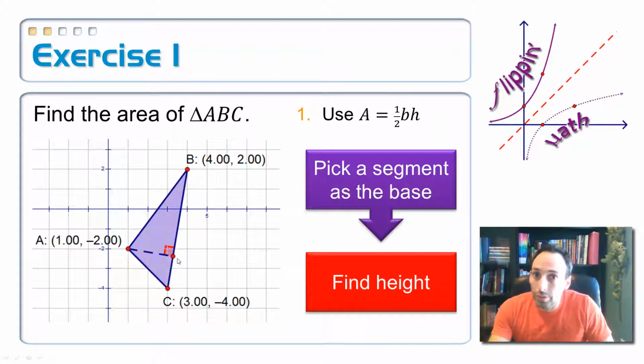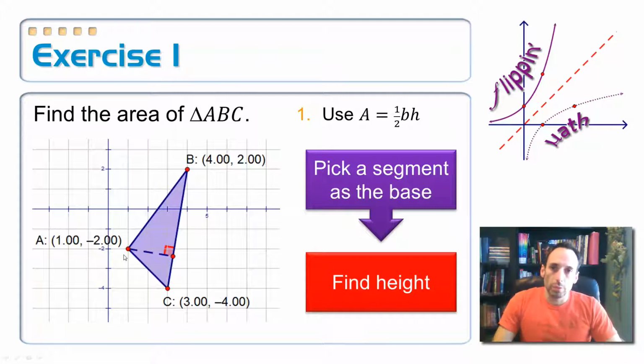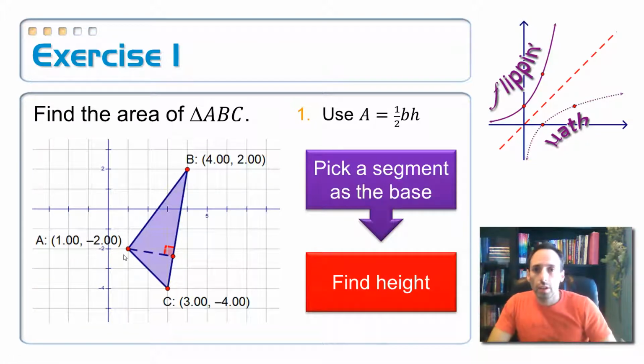But where is it? In order to find that point of intersection, you have to first find the equation of BC. Whatever its slope is, take the negative reciprocal of it and use the point A to find its equation, the height's equation, then solve that as a system of equations so you can find the point of intersection. Then, between that point of intersection and point A, you'd use the distance formula, and then you could apply the formula. Seems like a lot to do. You could do it because everything that I just said are things that we've already talked about in this class, but man, would that be a lot of work.